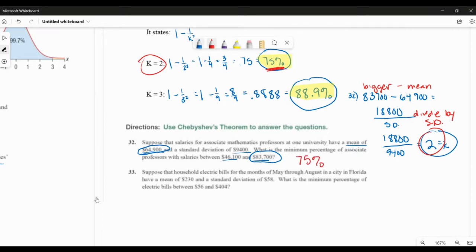So let's try it again with another example. Here we have a mean of $230, standard deviation of 58. What is the minimum percentage of electric bills between 56 and 404? So we're going to take the larger number and subtract the mean.